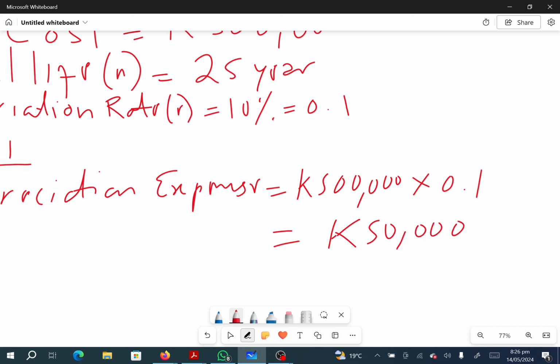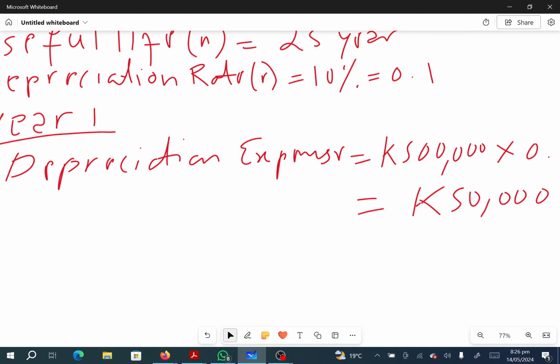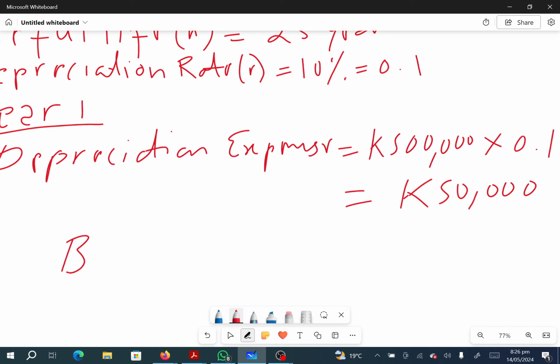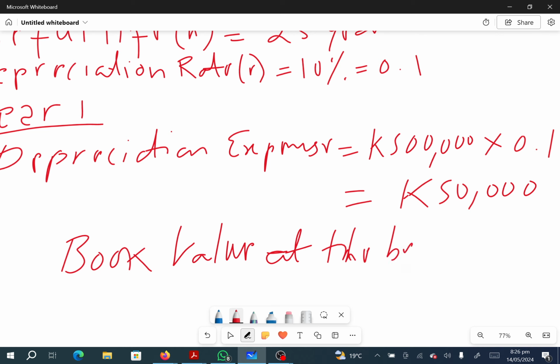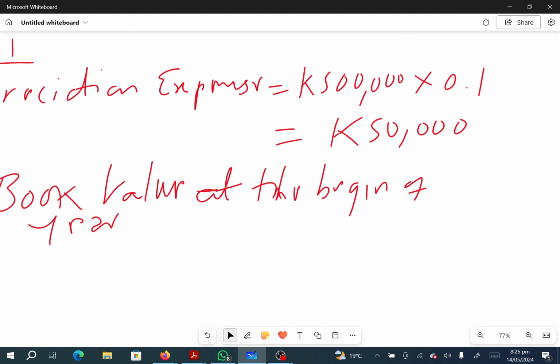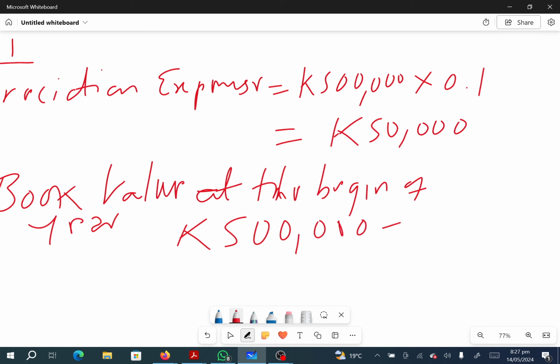So therefore, the book value for year one is the book value at the beginning of the year, 500,000, minus the depreciation, which is 50,000 in year one.